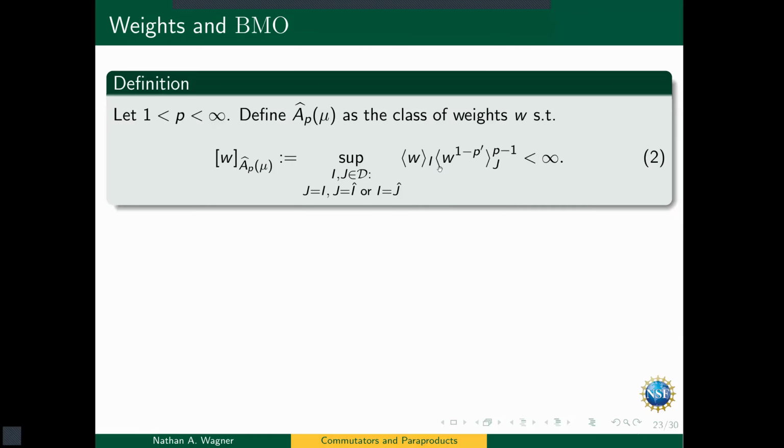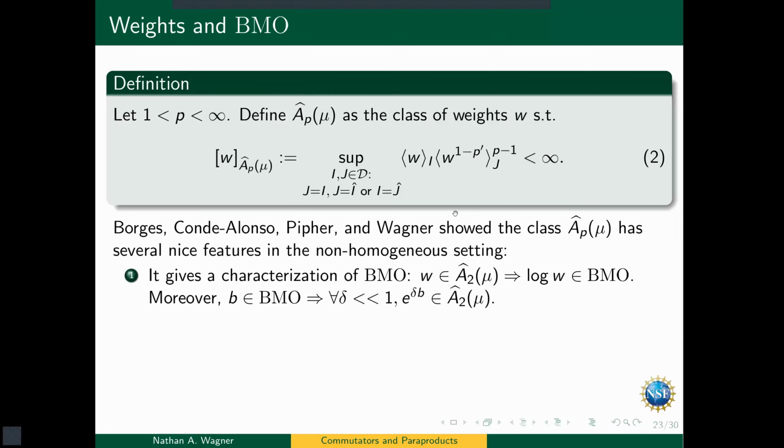And those averages don't have to be over the same dyadic interval, but they're either the same or one is a dyadic parent of the other. And so this is a stronger condition than just ordinary dyadic A_P when mu is not dyadically doubling.